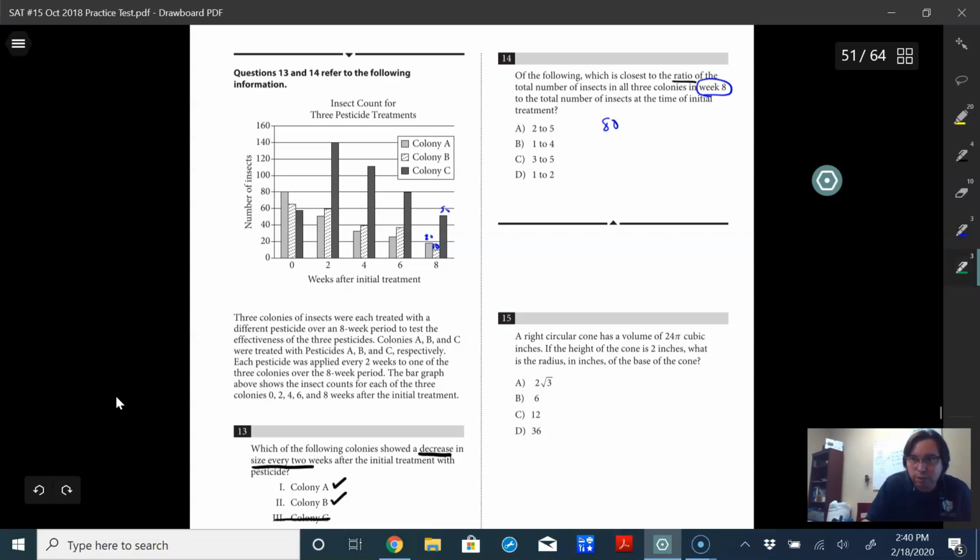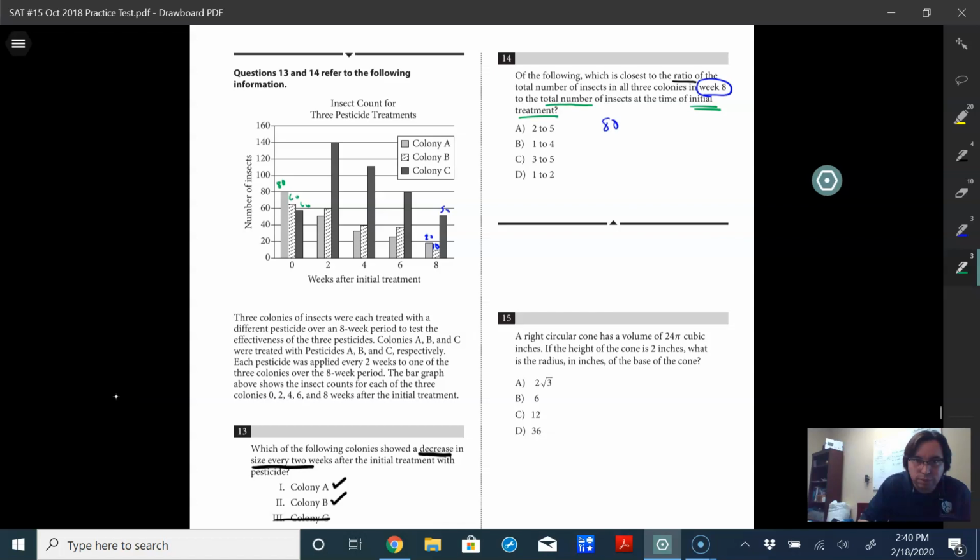And then I'll use another color for the total number of insects at the time of initial treatment. The initial treatment would have been here, and we see this is 80 here. And then this is just above 60, and this is below 60, so I'm just going to call those each 60. Doesn't really matter.